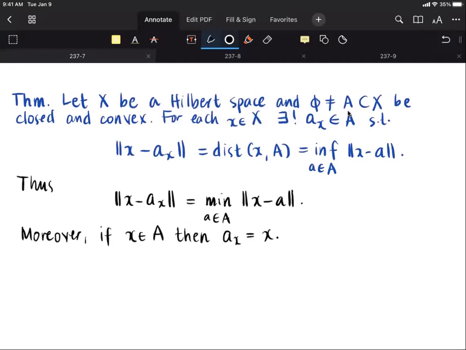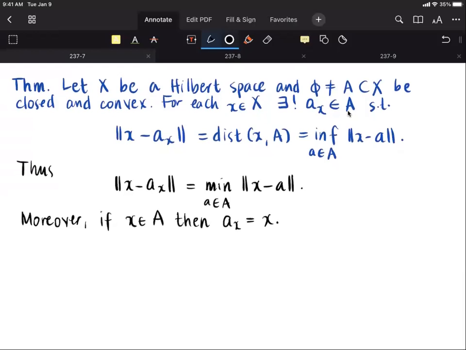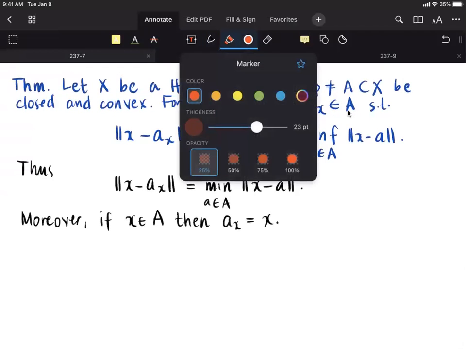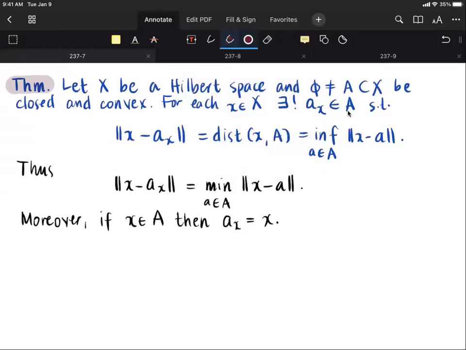Of course, if your point is in A, then the closest point in A to it must be itself. And in that case, the distance is 0. Okay, so let us take a look at the proof of this theorem.